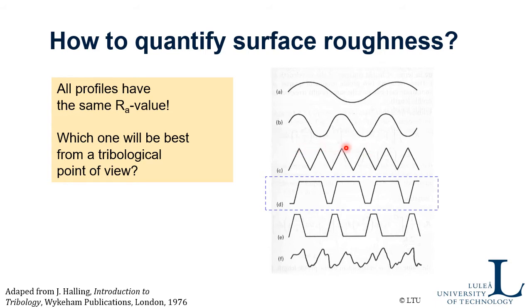If you put this in contact with another surface, you will have very high stresses and probably plastic deformation here. So the second best is probably the number A then, because that also has a relatively big load carrying part in the peaks.